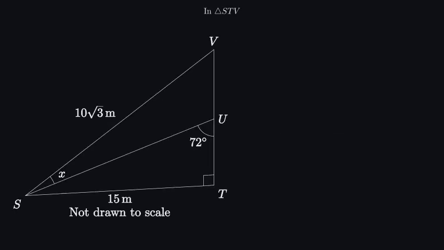To find the angle marked x, we first need the whole angle at S in the large triangle. Let angle VST equal theta. In triangle STV, with respect to angle theta, ST is adjacent and SV is the hypotenuse. So we use cosine because cosine connects adjacent and hypotenuse.